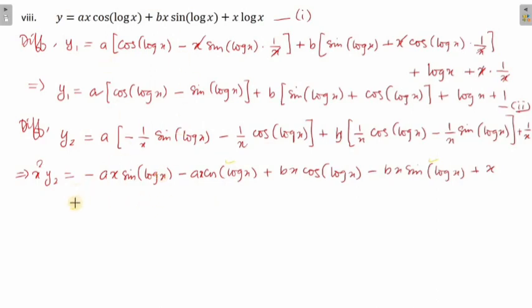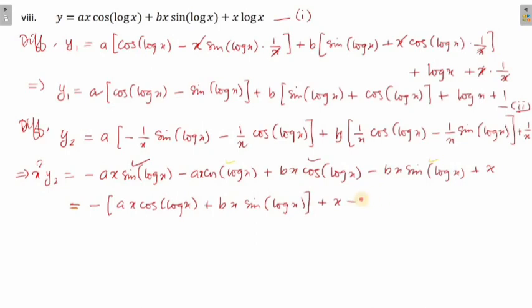Okay, so first let's write this. Minus is common, so you get ax cos log x, plus, so when minus is common, this becomes plus, so bx sine log x. Others are plus x minus, now among this one and this one, you see something is common. x is common, right?